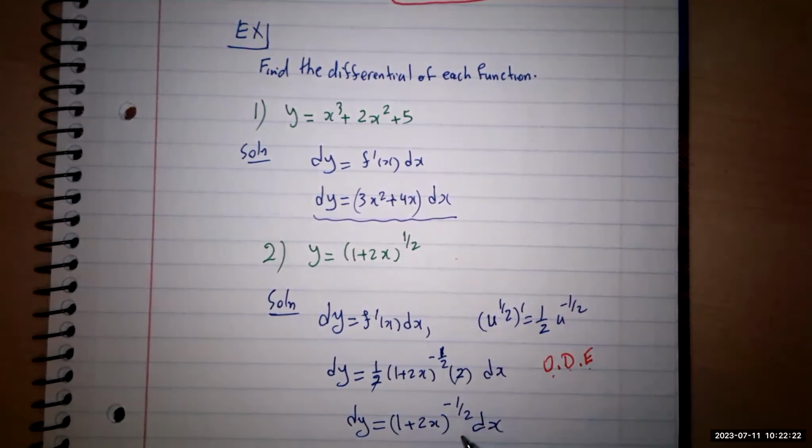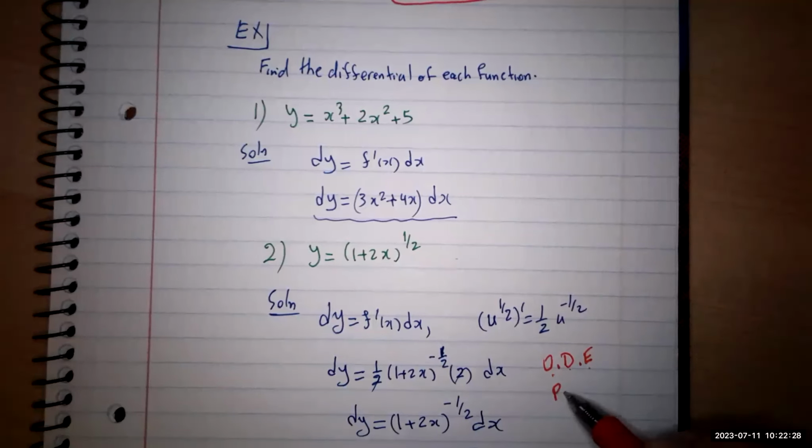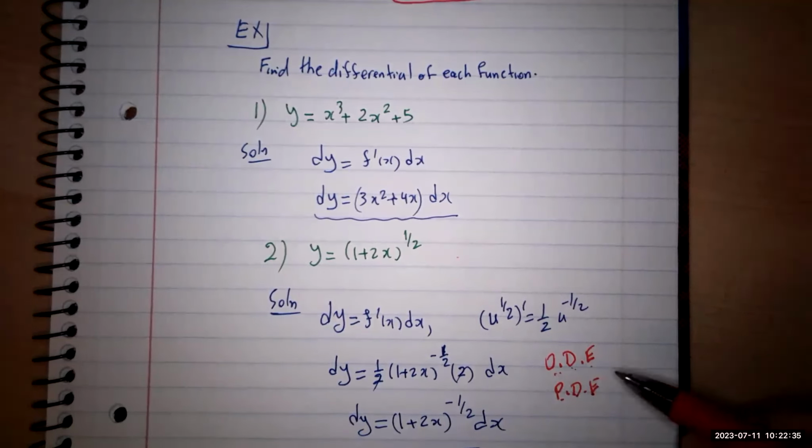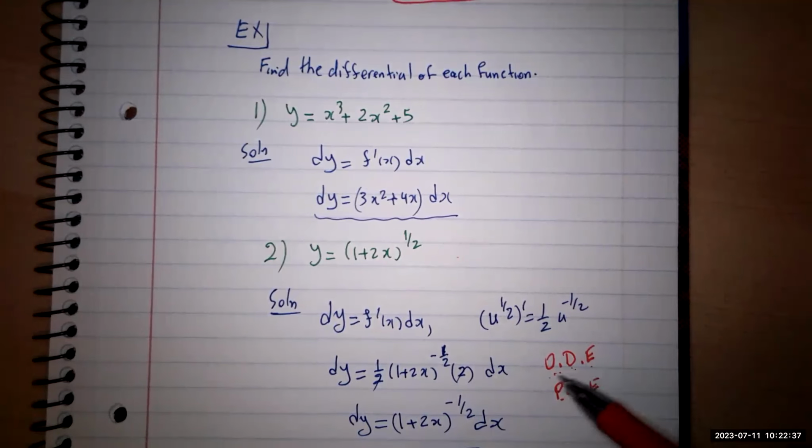If you are going to be in calculus 3, with functions of 2 variables, 3 variables, you are going to find partial derivatives. You are going to have something we call PDE, partial differential equation, versus ordinary differential equation. You can get a PhD to be an expert in one or the other. So such an important concept.